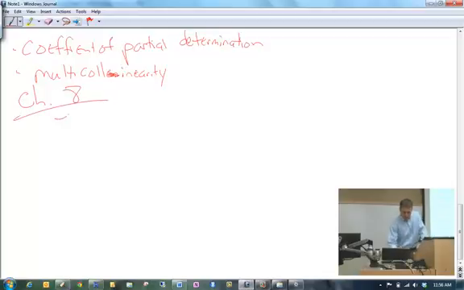Chapter 8. This is where we started talking about polynomial regression models. Make sure you understand what a first-order model is, what a second-order model is, what a third-order model would be, and so on.